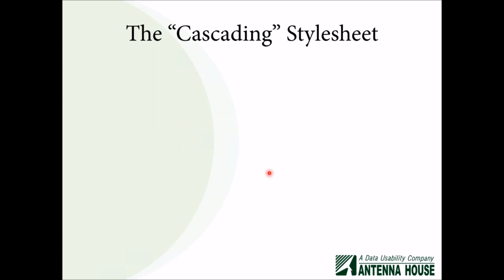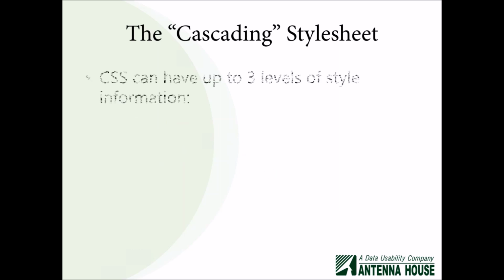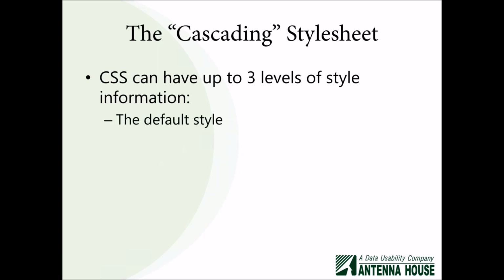And we talk about cascading style sheets. There are 3 levels of style information possible. You have the default style. So if I start with my web content and produce paged output, the default style, if there's nothing else specified, will at least give me some output.